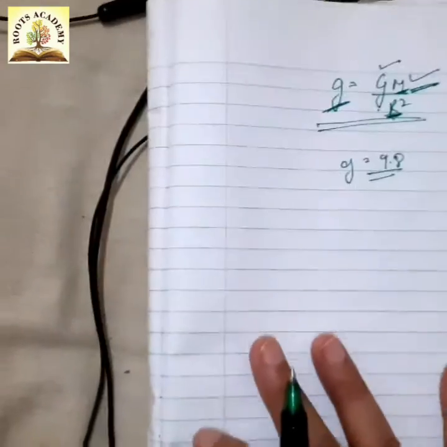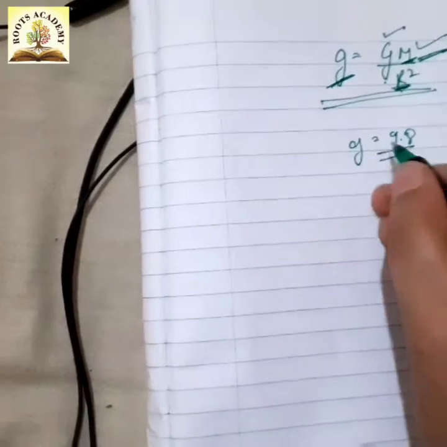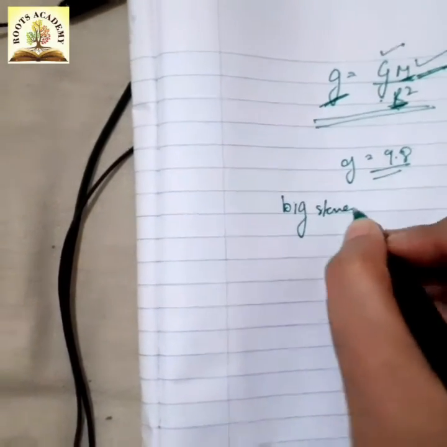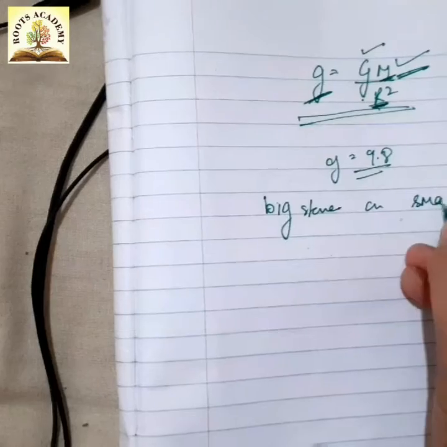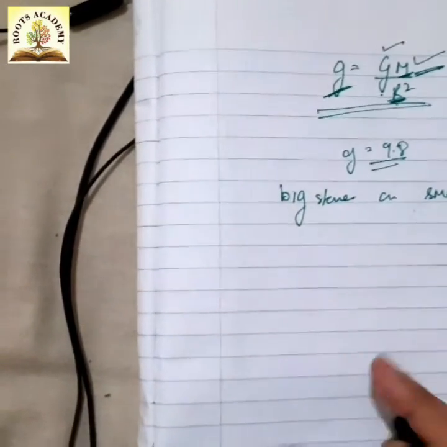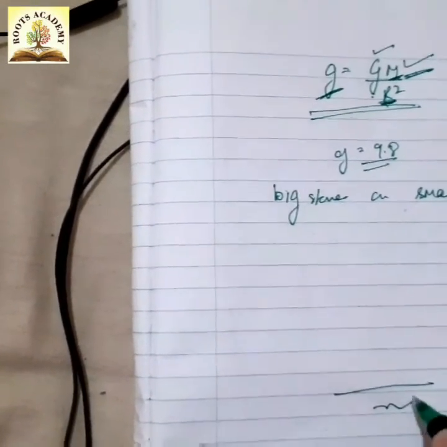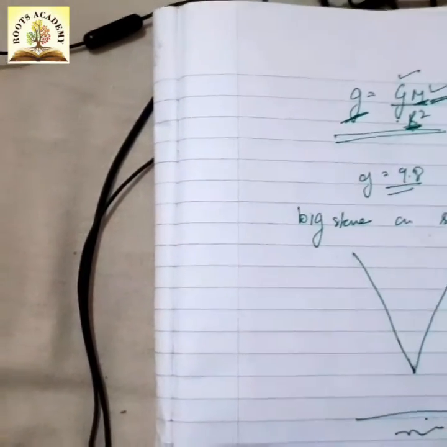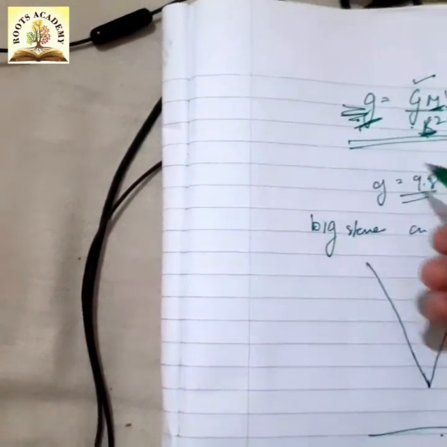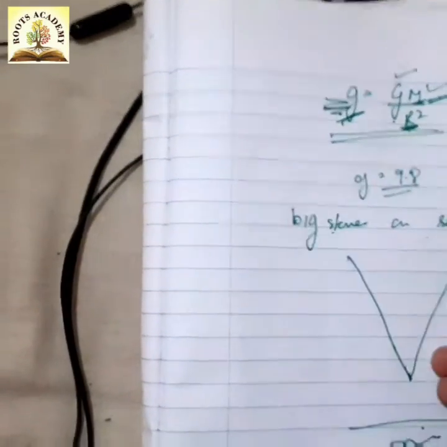Because of this, if a big stone and a small stone are dropped from a height, both will reach the ground at the same time. Why? Because the acceleration due to gravity, small g, does not depend on the mass of the object.